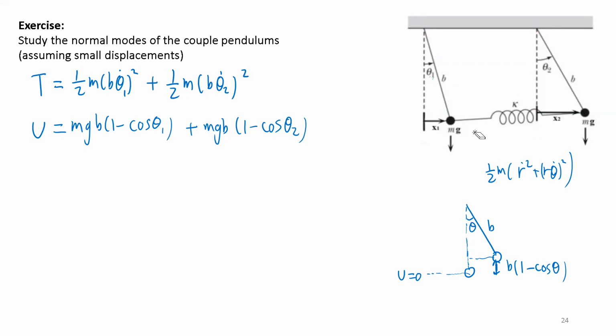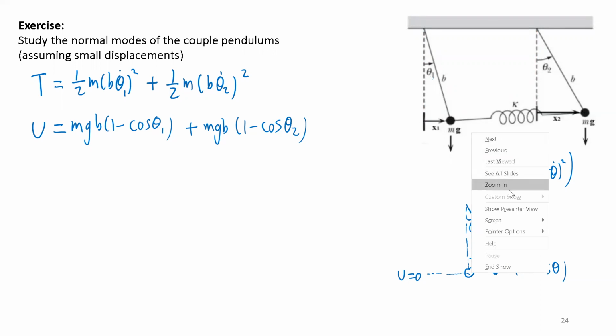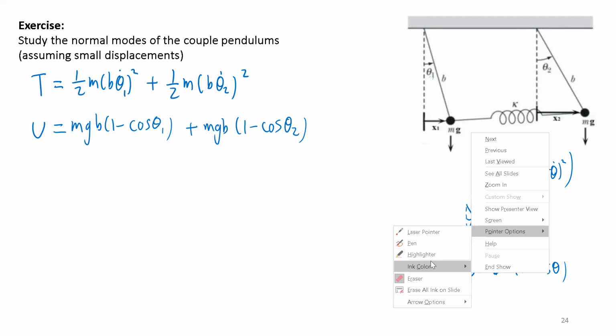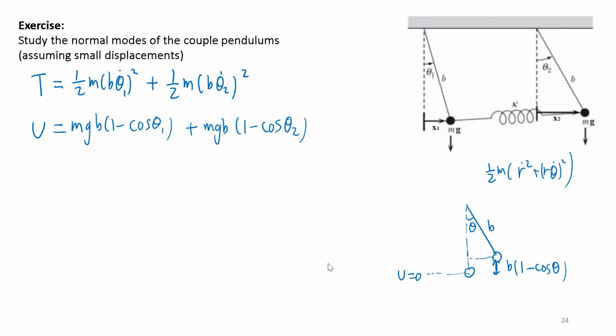So what I really need is to know this distance and this distance. So this is x2 and this is x1. The extension, or how much the spring is stretched, would be given by x2 minus x1.